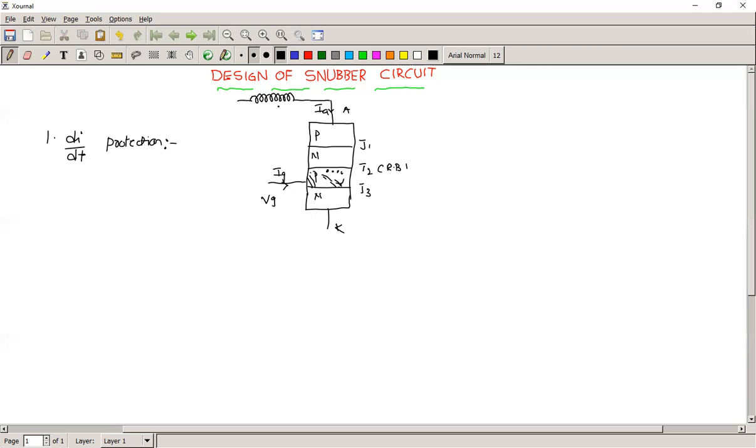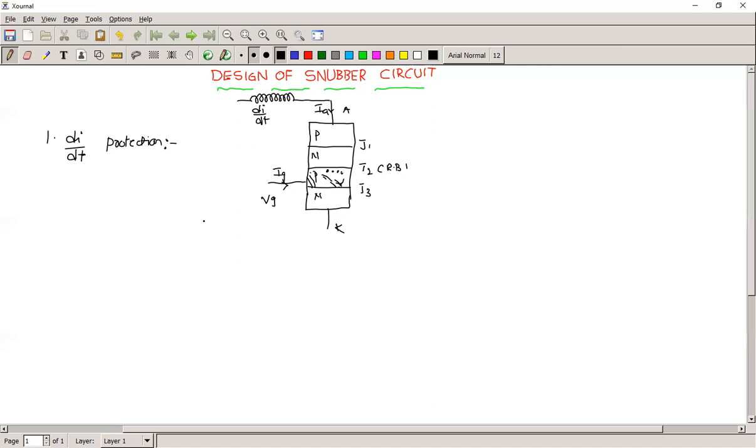This inductor is nothing but a dI by dt limiting inductor. It gives the protection for the SCR from a high rate of change of anode current.